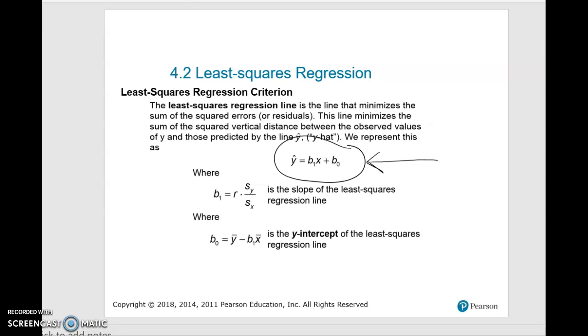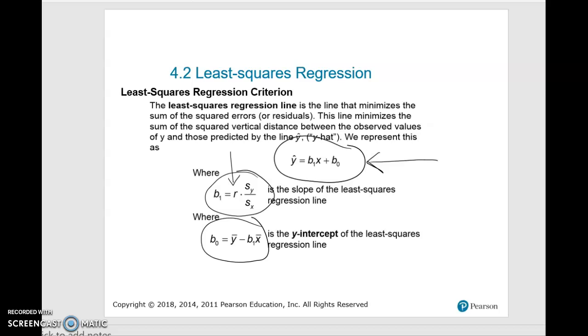All right, and I won't make you do this. That's the value of the slope using standard deviations of both the y data set and the x data set. And you can see the connection here with r. If r is negative, the slope's negative. If r is positive, slope's positive. And here's how we can compute b naught, which is the y-intercept.